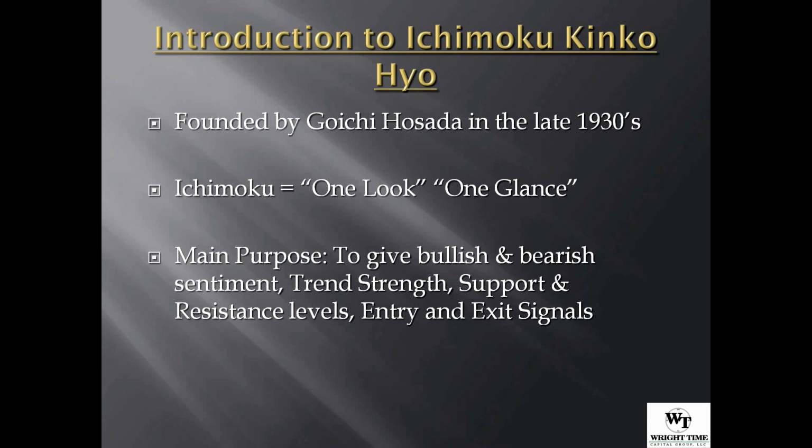Ichimoku stands for one look or one glance, mainly because when people see it, they're often intimidated by so many of its components that they really don't give it a second glance or a second chance. The main purpose of this indicator is to give bullish and bearish sentiment, to locate the strength of a trend, and to provide support and resistance levels as well as entry and exit signals.